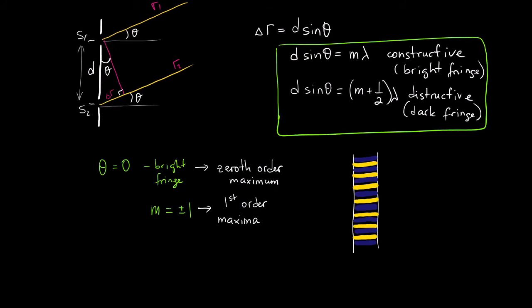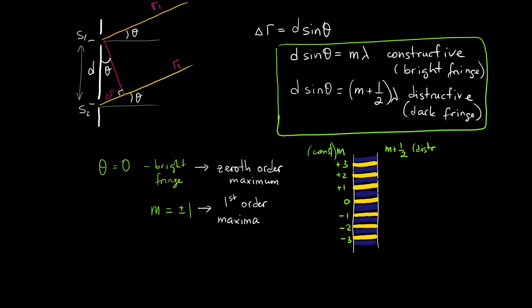So on the screen, let's say the m on the left side, and m plus 1/2 on the right side, which is destructive here, and constructive on the left. Let's say this is m equals 0. This would be positive 1, 2, 3. M equals minus 1, minus 2, minus 3.